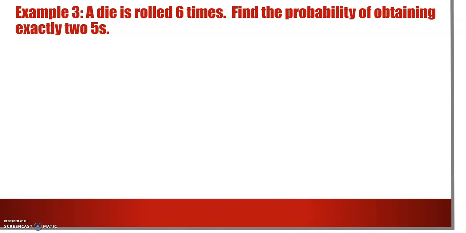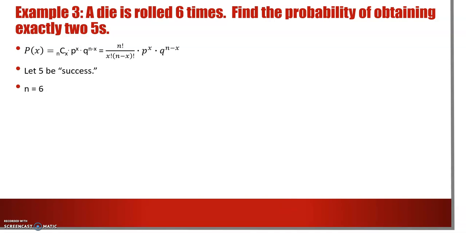Example 3, a die is rolled 6 times. Find the probability of obtaining exactly 2 5s. Our formula. Let rolling a 5 be a success. Our number of trials is 6. We're rolling the die 6 times. We want exactly 2 5s, so X is 2.